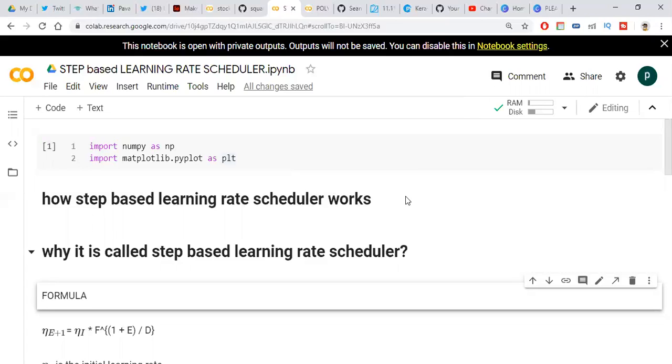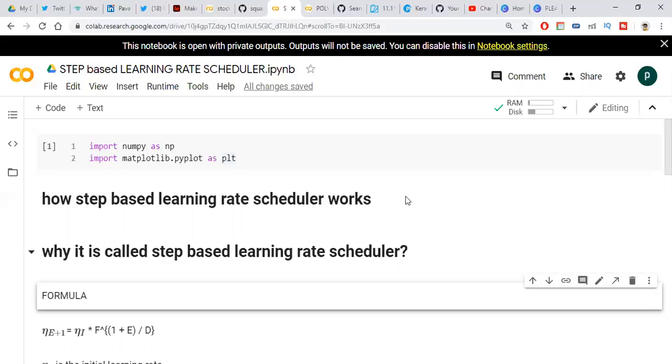In this scheduler, the learning rate drops systematically, like stepwise. That's why it is called stepwise learning rate scheduler. After some specific epochs during training, the learning rate will drop systematically like a step, because this type of scheduler comes under the principle of dropping the learning rate at specified epochs.